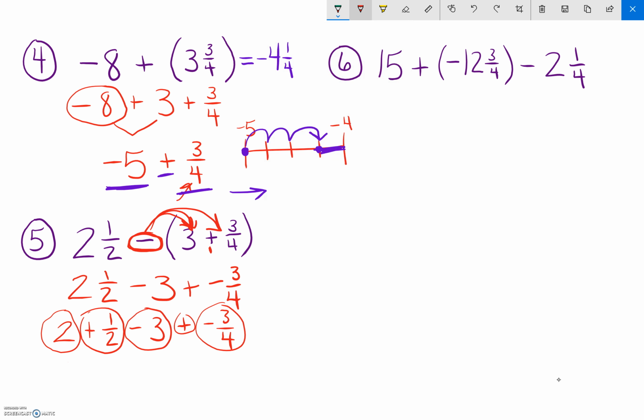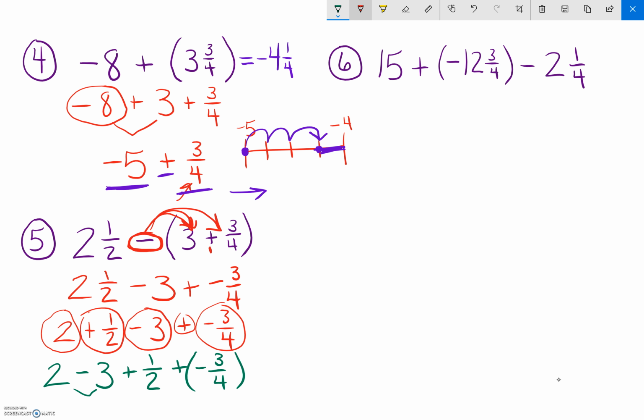So we're going to leave the 2 here. We're going to move the minus or negative 3 into this spot. We'll move the plus a half here. And we'll leave the plus negative 3/4 here. Alright. 2 minus 3 is what we're going to do first. And so you could do keep switch opposite.